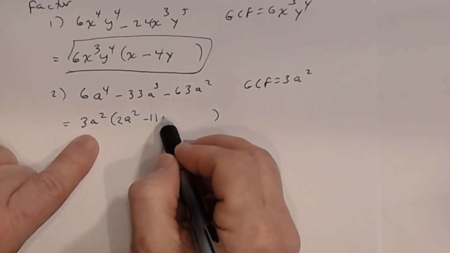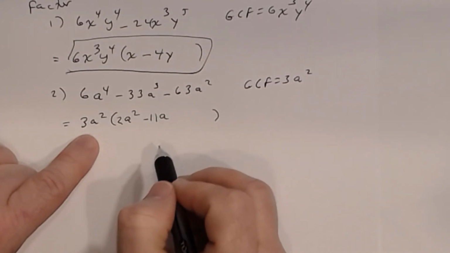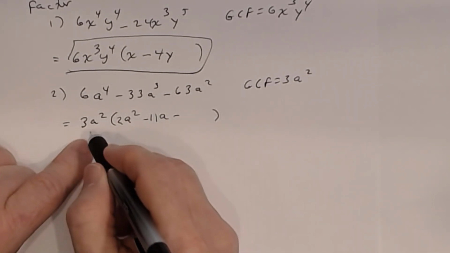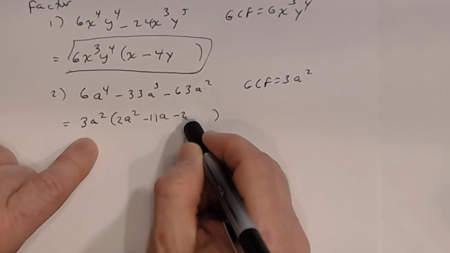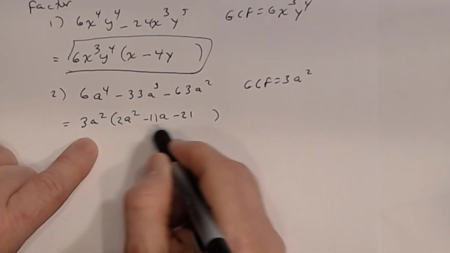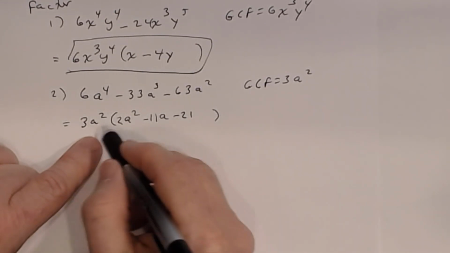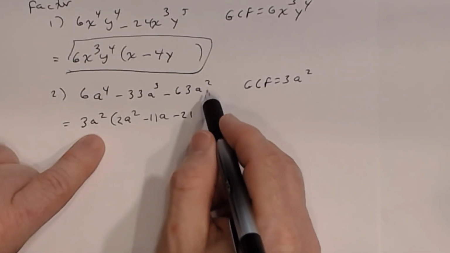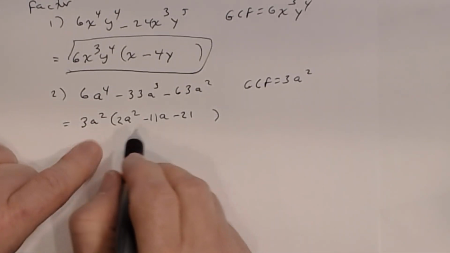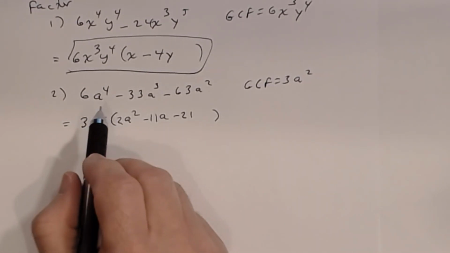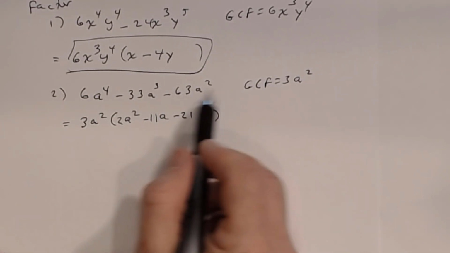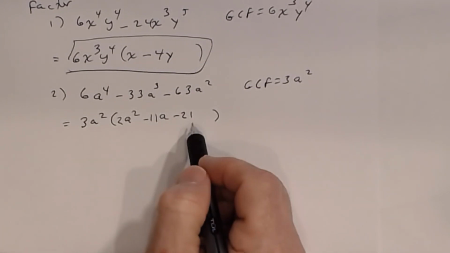A squared times a is a cubed. Minus 3 times 21 is 63. And I factored out an a squared, and that's how many I had, so I don't put any a's here. So far, when I factor out the GCF, this gives me this.